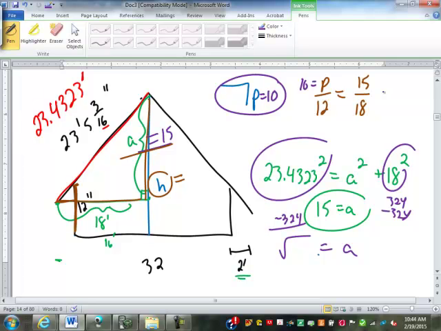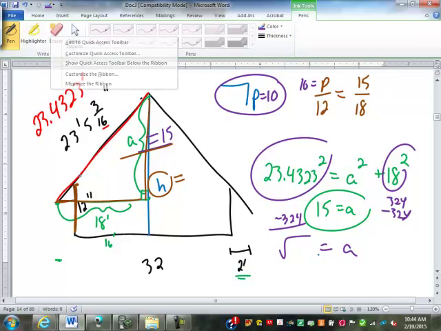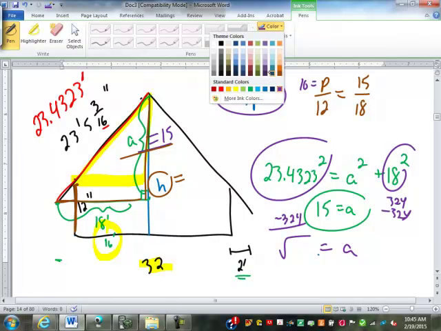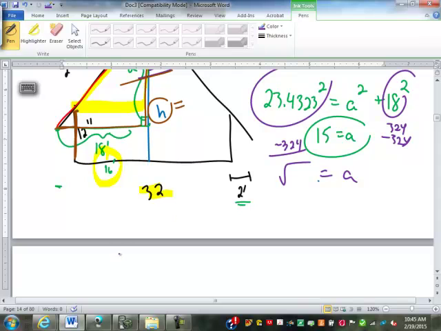Now that we have it's a 10-12 slope, now we can look at finding the height. We're going to come back to this triangle right here. This triangle has a run of 16, half of the span. So for the height of that triangle, we'll use the 10-12, equals, it's not going to be H, I'm going to call it B for now, over 16.